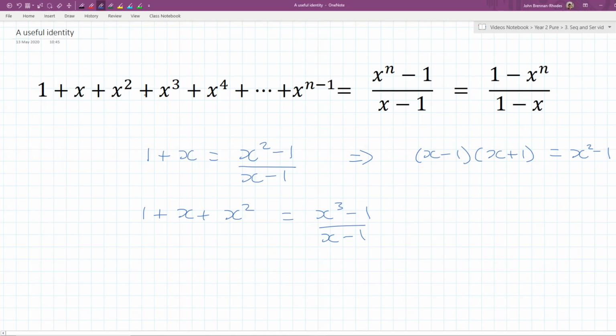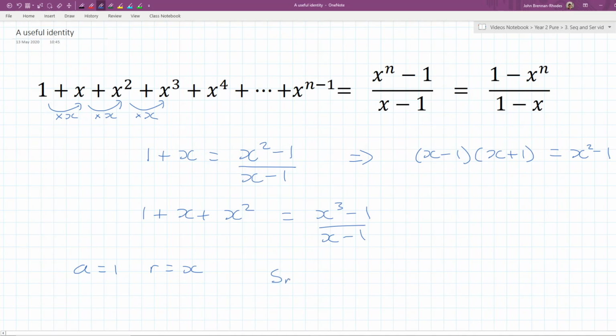But why is this true? It's actually pretty easy when you know what we've been doing in this chapter, and that is that we're just timesing by x each time. So this is a geometric sequence with a equals 1 and r equal to x, and all this is the sum of the first n terms.